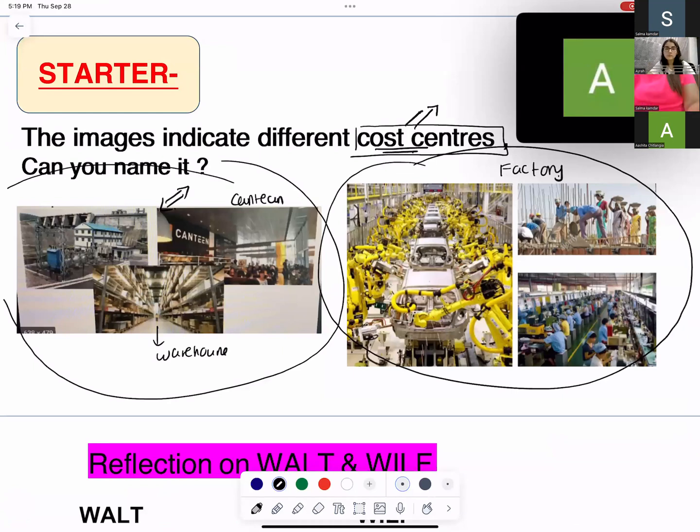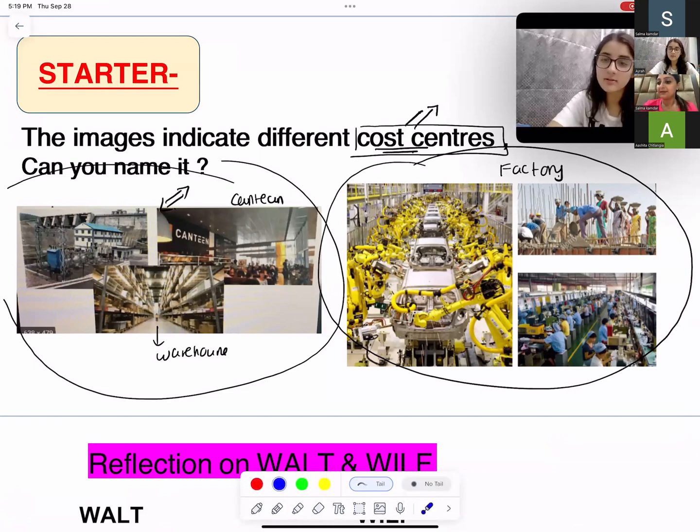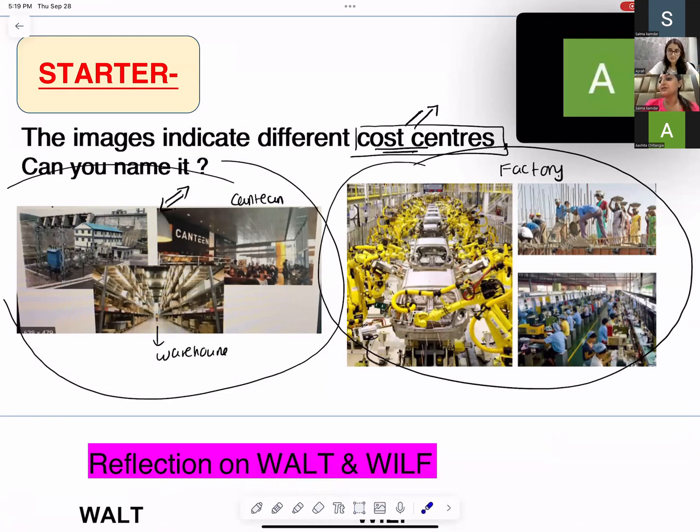Come on, tell me what is a cost center? Think. Like an organization or something that is adding to the profit? I don't know, I just think that. Is it the place where cost is decided? Okay, fine. This is the place where the cost is decided.